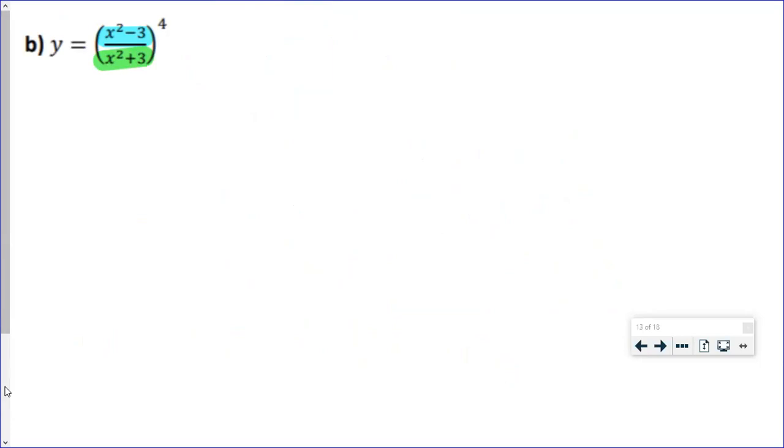Okay, let's do an example where we have the quotient rule in combination with the chain rule. So in this particular case, if I wanted to state, let u be equal to x squared minus 3 over x squared plus 2, right?